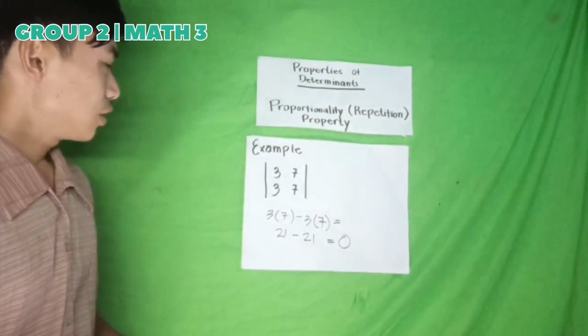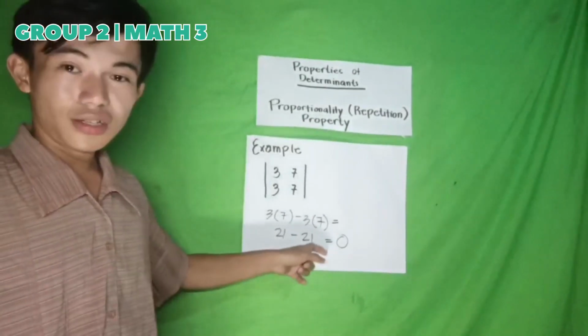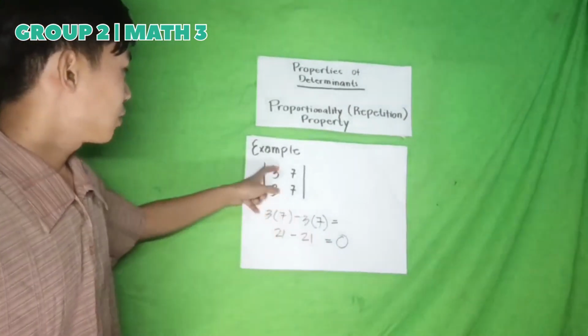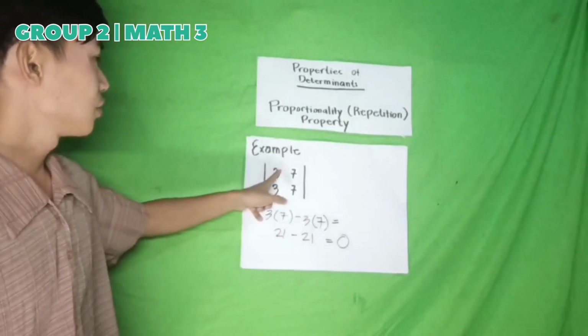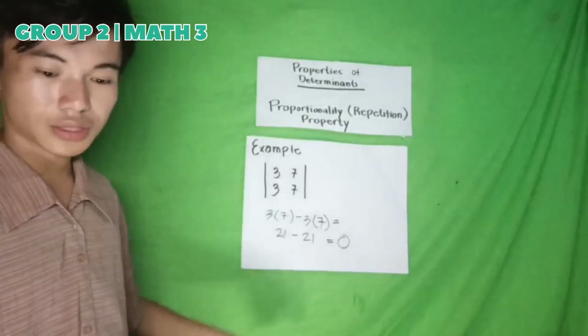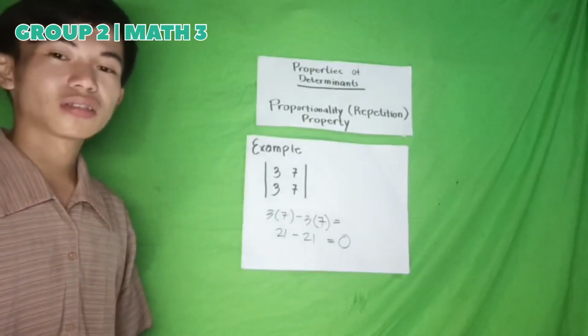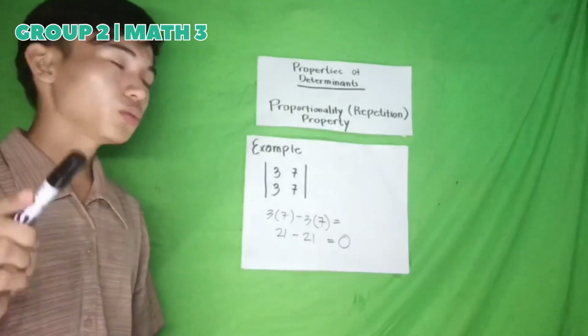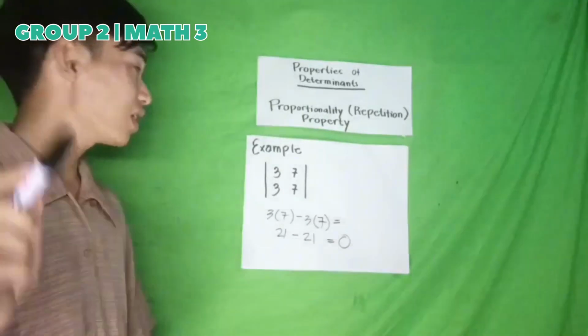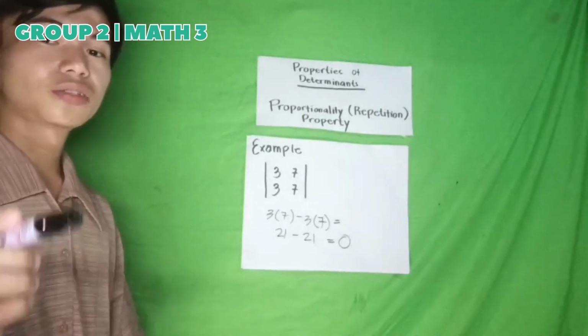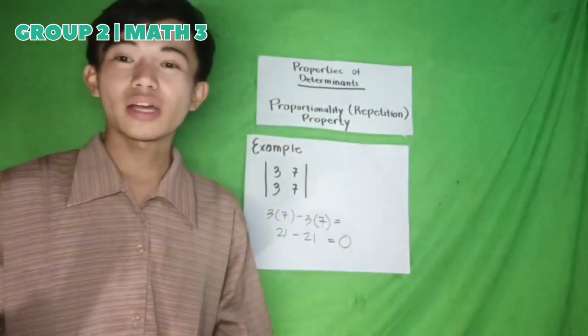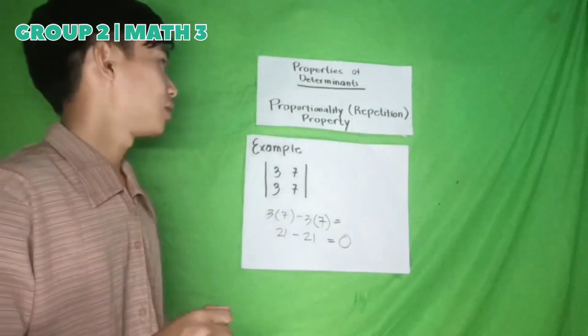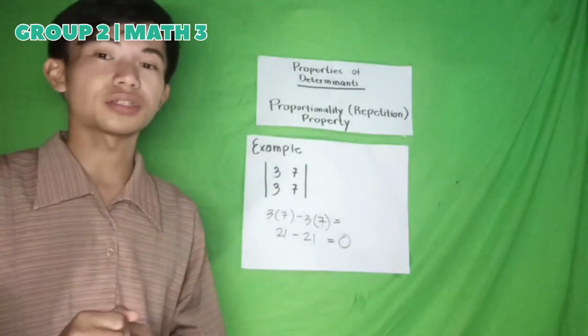So it is proven that in every row or column that are proportional, it will equate to 0. The determinants will be 0. And that's the proportional repetition property.